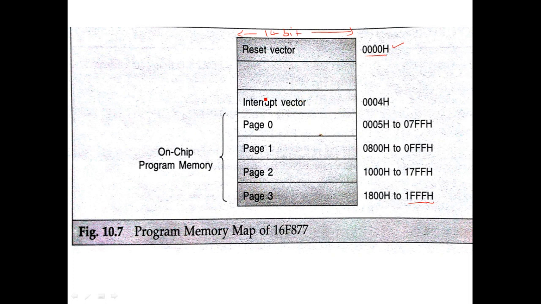Secondly, there is an interrupt vector, 0004 interrupt vector. That means when any interrupt occurs, the execution is transferred to this particular vector address. We have seen in PIC microcontroller, while discussing 16F661 and 71 also, that different interrupts don't have separate vector addresses. All the interrupts have the same vector address, and therefore whenever any interrupt occurs, the execution is transferred to this particular location.